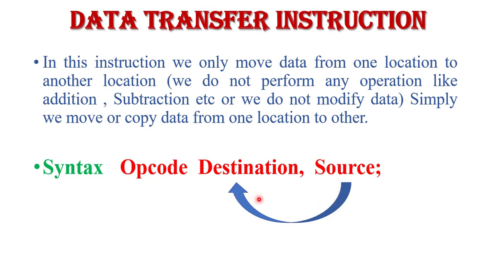The transfer of data does not mean that we delete data from the source location. The data is still residing in the source; it is just copied into the destination location. So this is called data transfer instruction.